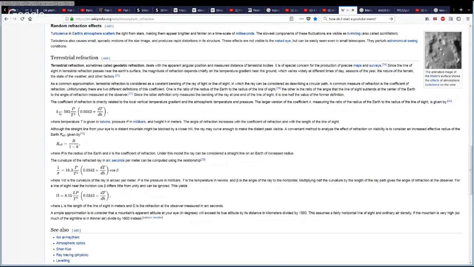This gives you the coefficient of refraction, and that can be turned into what is effectively the radius of curvature of the light ray. As you saw before, I was drawing a line that was curved around the Earth, and this gives you that radius, which is very useful.